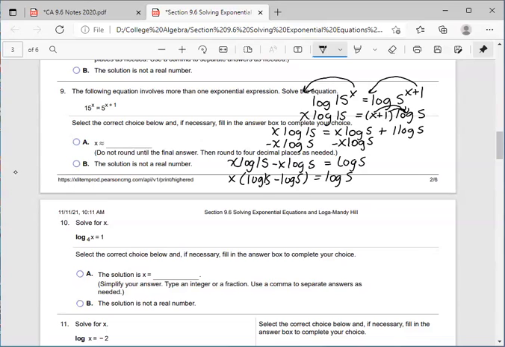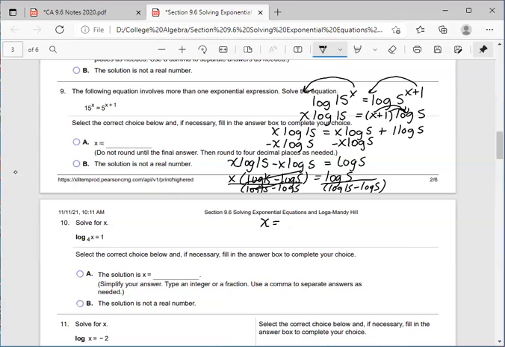So the next step would be to divide both sides by the log of 15 minus the log of 5. These cancel out. The answer is going to be whatever x is. So x ends up being the log of 5 divided by the log of 15 minus the log of 5.